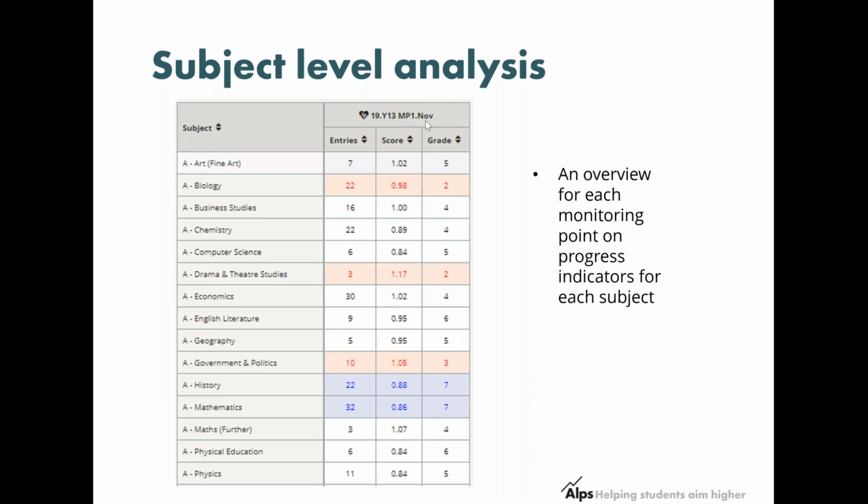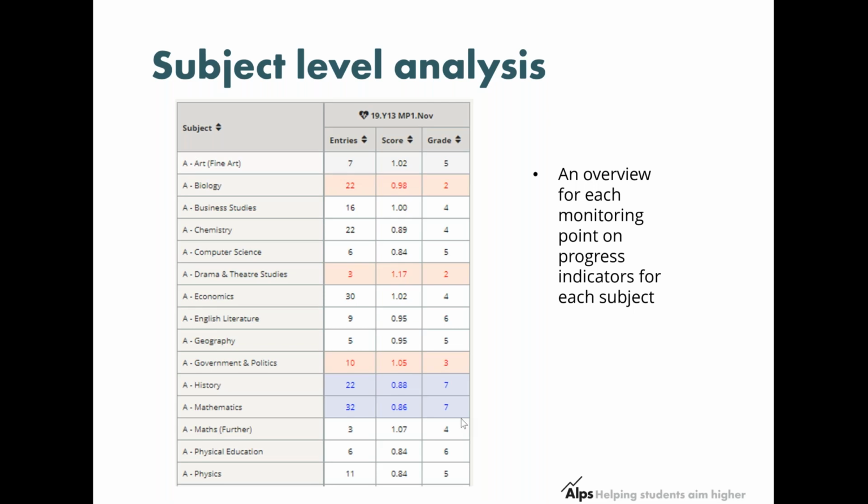So if you're getting this in November, you're going to be able to ask the assessment team, the school improvement team, what are you doing about history and maths? That's a lot of students. There's a lot of students taking it. A lot of students have got their eggs in the history and maths basket. What's going on? How can we improve those outcomes for those young people in those subject areas?